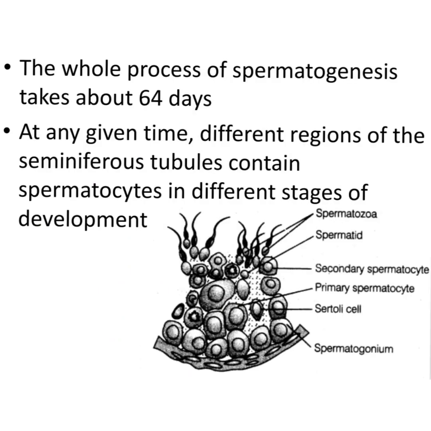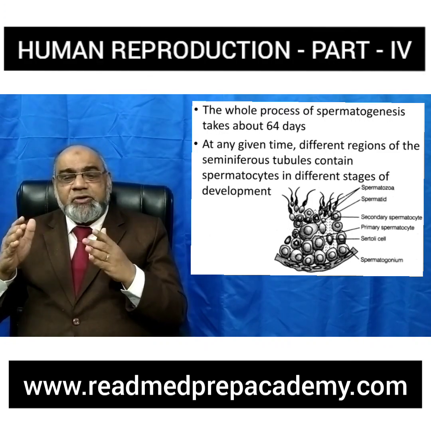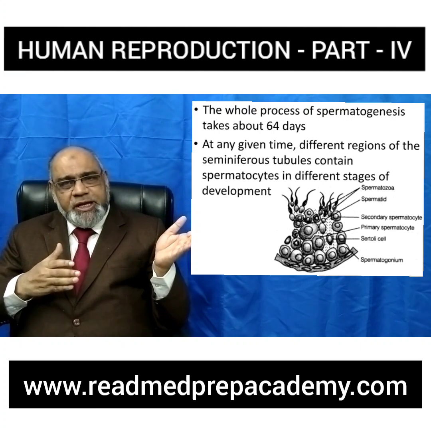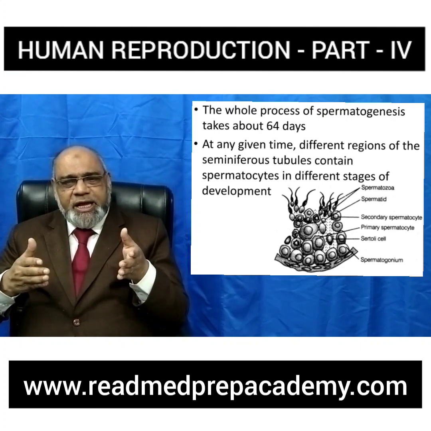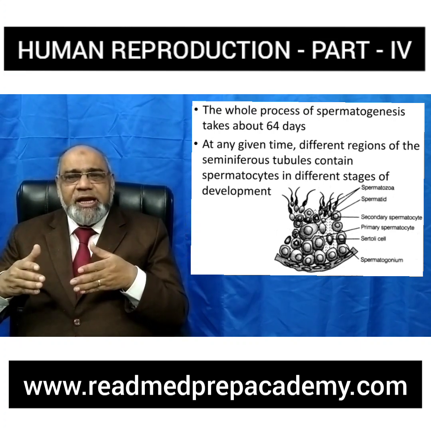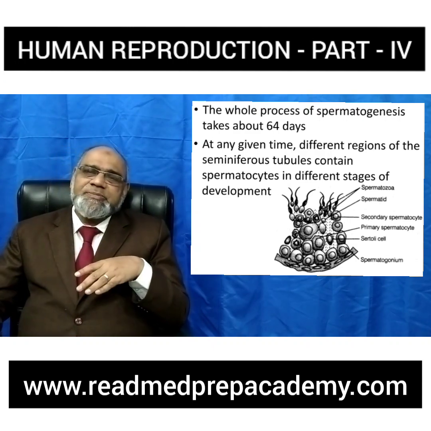The whole process of spermatogenesis takes about 64 days. When you take a section of the seminiferous tubules at a given time, it contains different stages of spermatogenesis, like the spermatogonia, the primary spermatocyte, the secondary spermatocyte, the spermatids, and the spermatozoa.